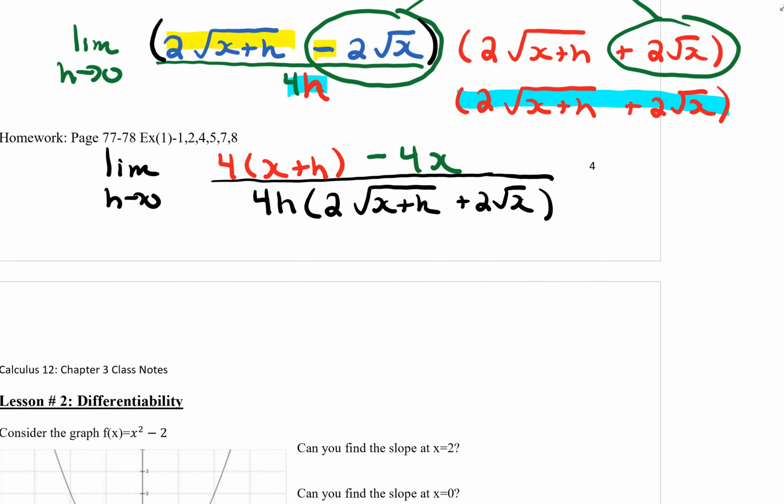And that's how the numerator simplifies too. Then let's take one more step and distribute that. So you get 4x plus 4h minus 4x. And you'll notice that this and this will cancel off, right? Just giving you just the 4h at the top.